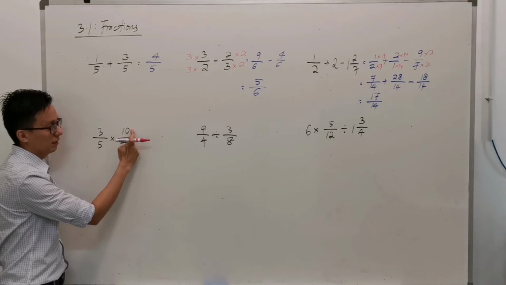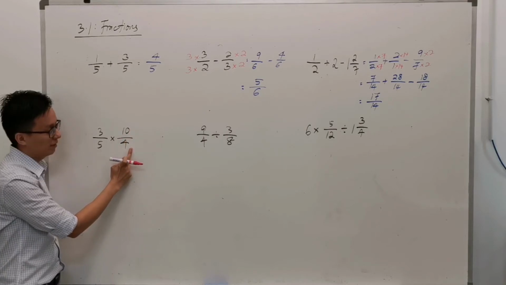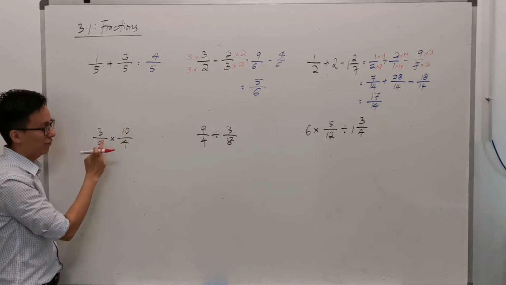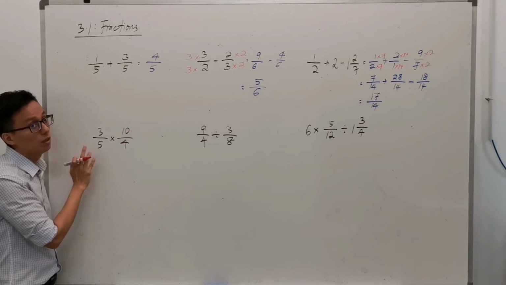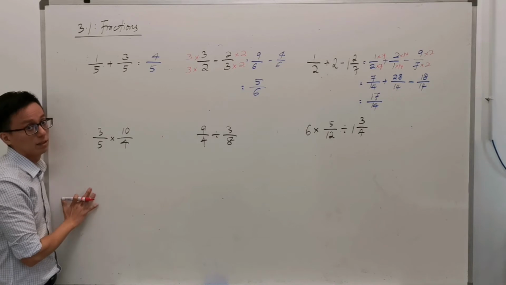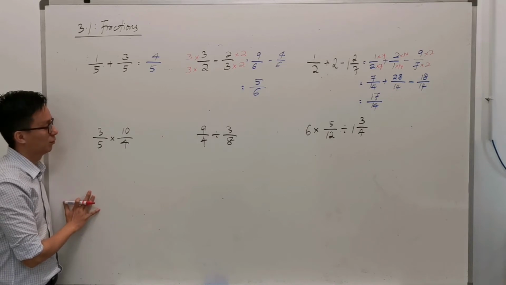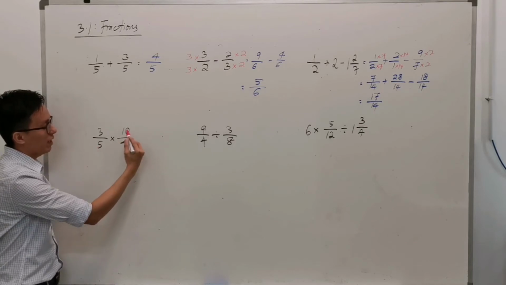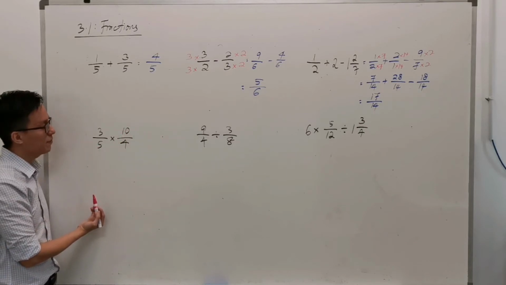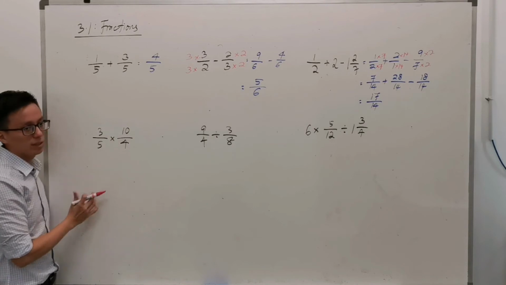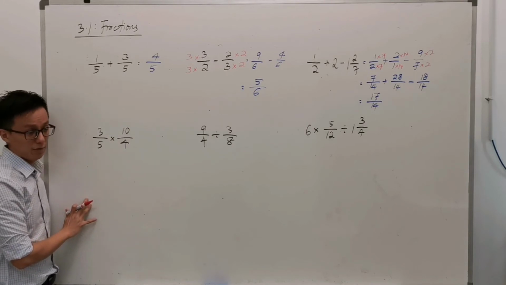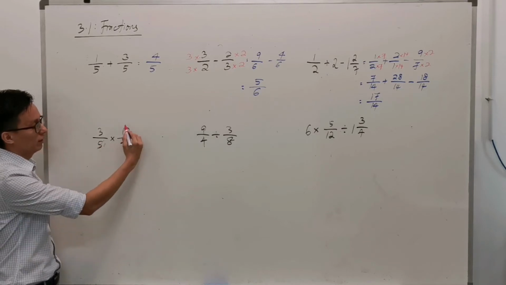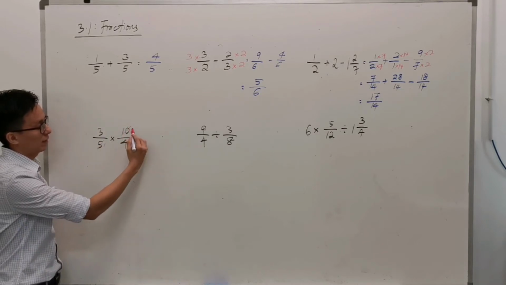Either this numerator and this denominator, or this numerator simplified with this denominator, both are no problem. So let's start. For 5 and 10, we can simplify. Both of these numbers can be divided by 5. So 5 divided by 5, I get 1 here. 10 divided by 5, I get 2 here.